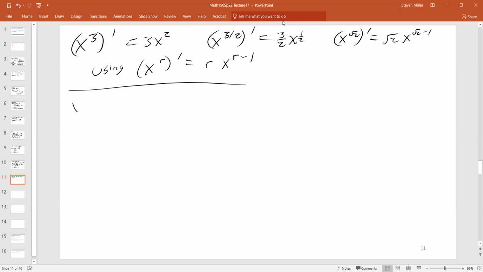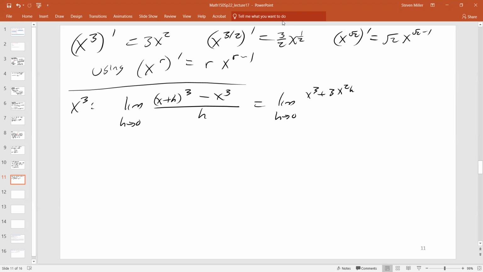So for x cubed, I would have the limit as h goes to 0 of x plus h cubed minus x cubed over h. This is the limit as h goes to 0, x cubed plus 3x squared h plus 3x h squared plus h cubed minus x cubed over h. I'm using the binomial theorem.